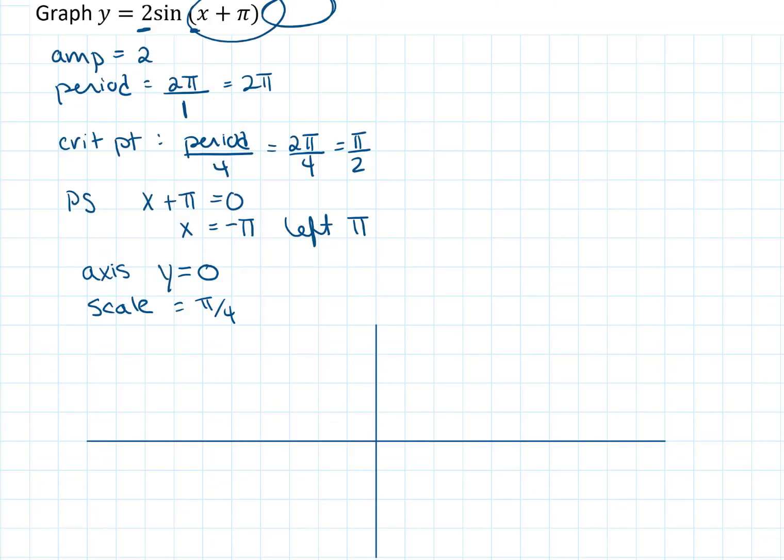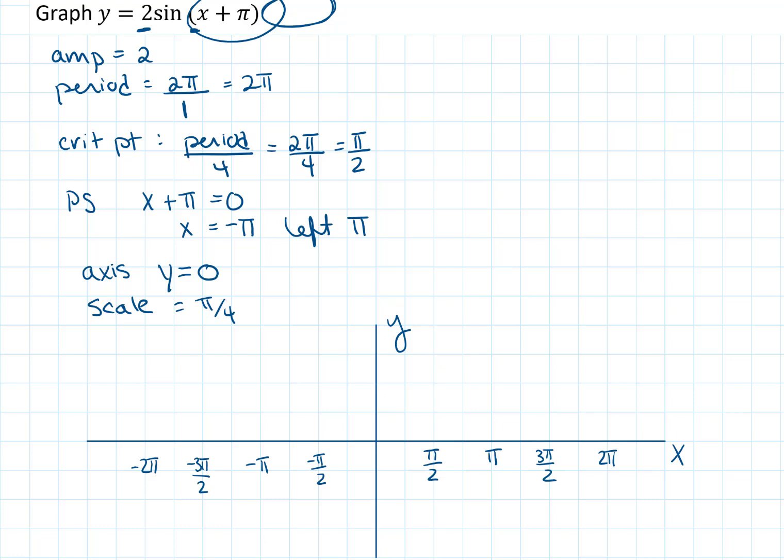So let's draw our xy plane. So here's our xy plane. I'm going to do my scale of pi over 4, so each grid point is pi over 4, so every 2 is going to be pi over 2. So I have my scale on there.